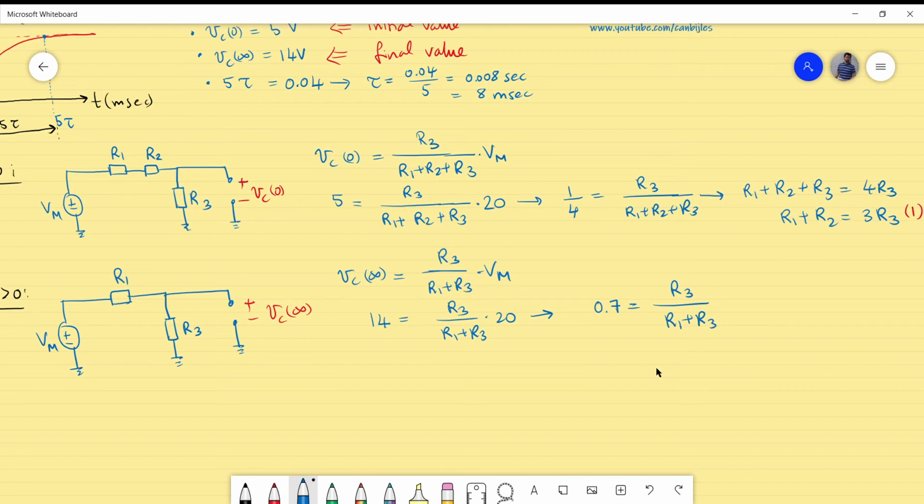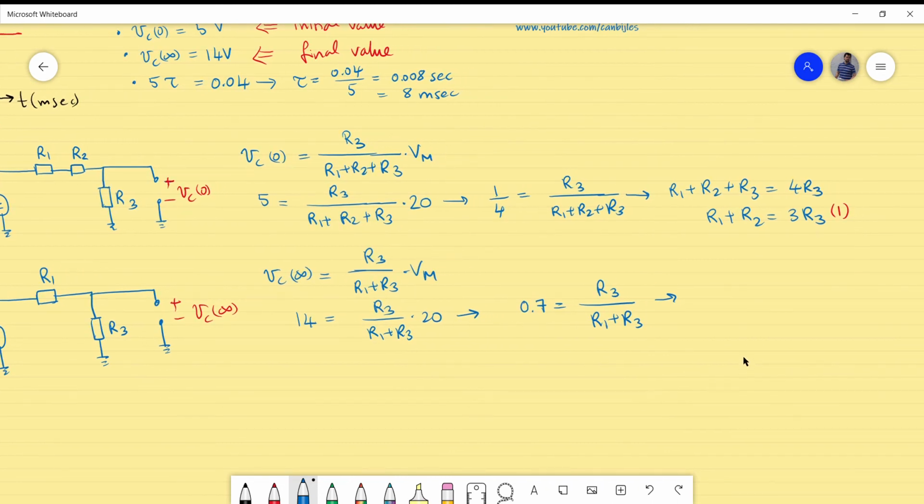And if I simplify this a little bit further to make the equation usable in the next step, I will have R1 plus R3 will be 10 divided by 7, 10 over 7 times R3. And I can again rearrange this, writing down R1 is equal to 3 over 7 times R3. And it will give us the second equation. I will use this to find the component values also.